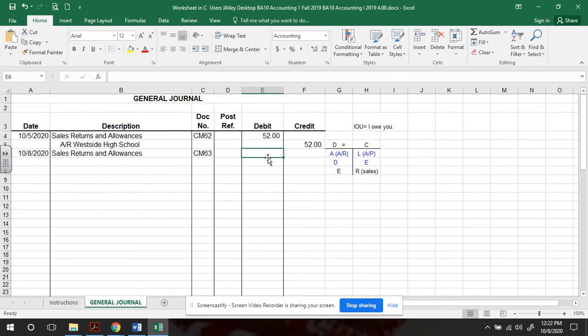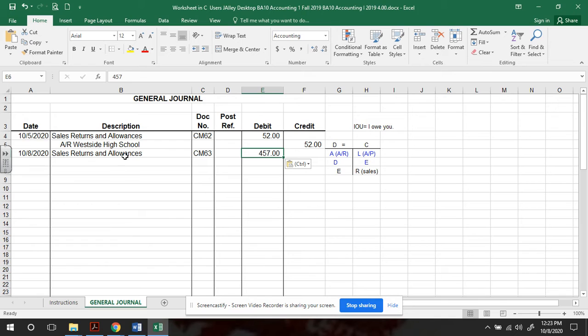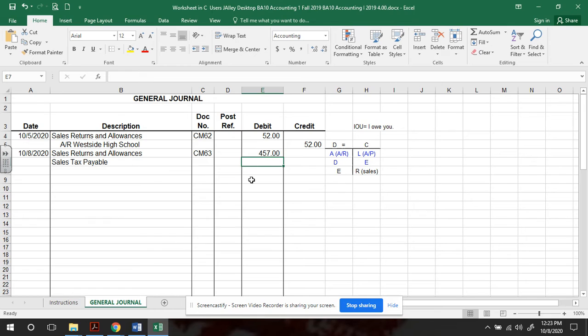$457. Then we have sales tax payable. Because when they bought the merchandise, they also had to pay tax on it.